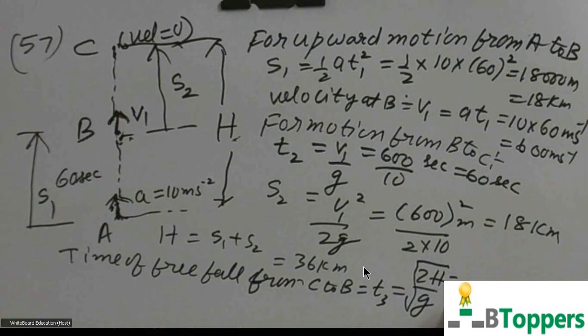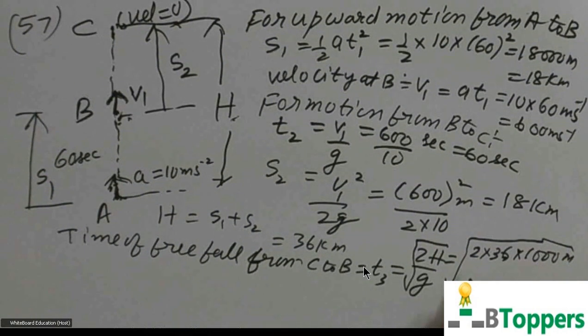You can take h equal to 36 kilometers, meaning 36,000 meters, and g equal to 10 meters per second square. Simplify it yourself. So the total time after which the rocket falls onto the ground is t1 plus t2 plus t3. You can simplify and complete the calculation yourself.